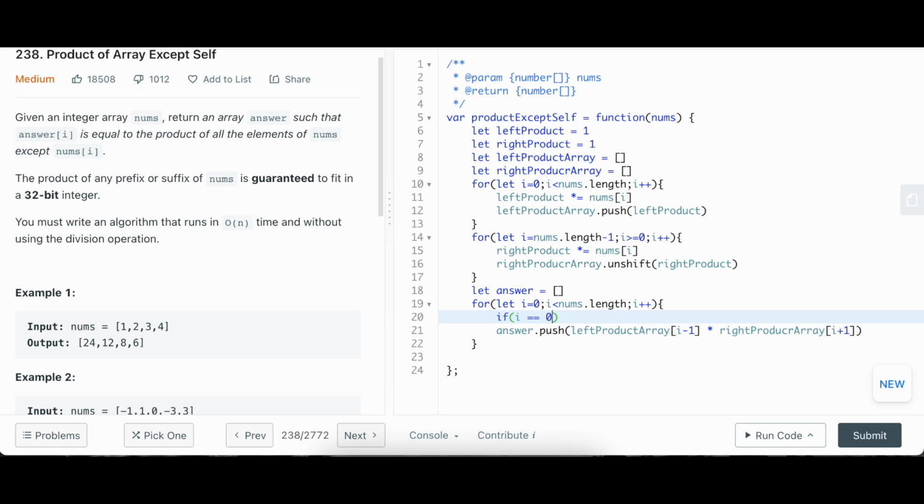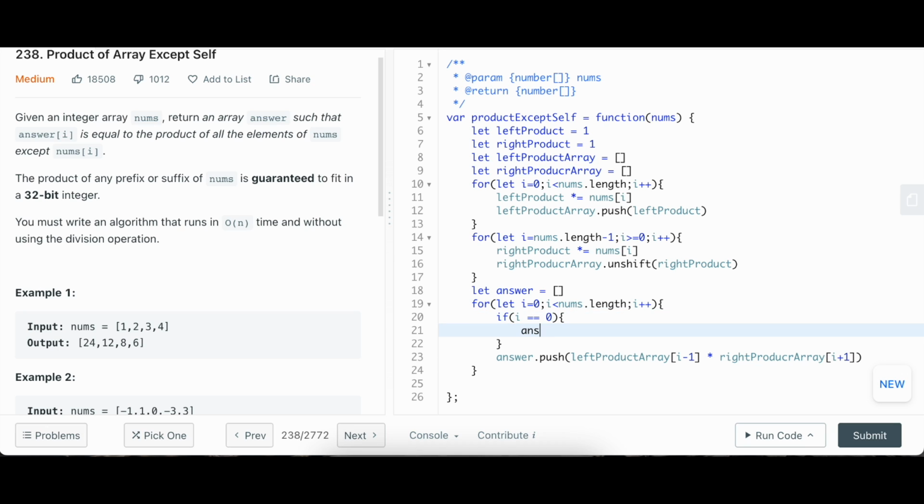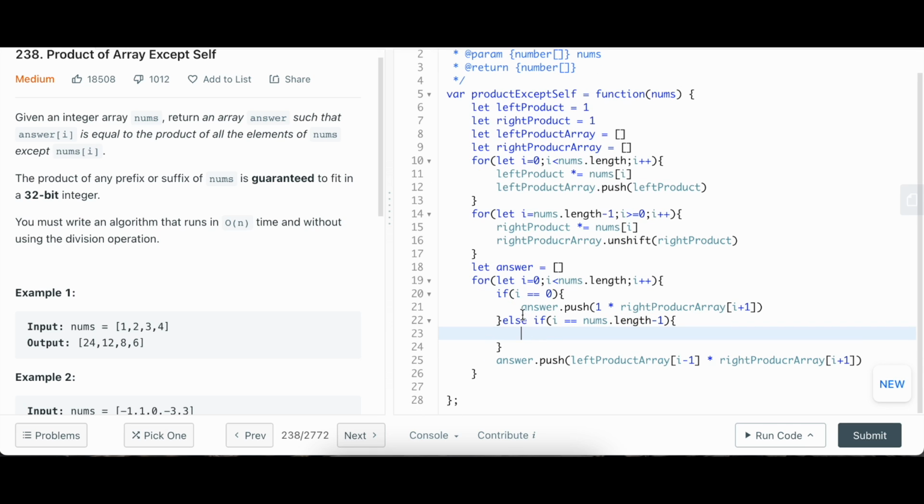So if my I is equal to 0, then I simply do answer dot push. What do I push? I push 1 times right product at I plus 1, because this will be there. Else if my I is nums dot length minus 1, that means if I'm at the last index, then in that case, what do I need to do?